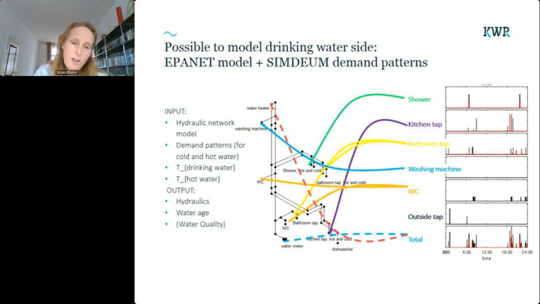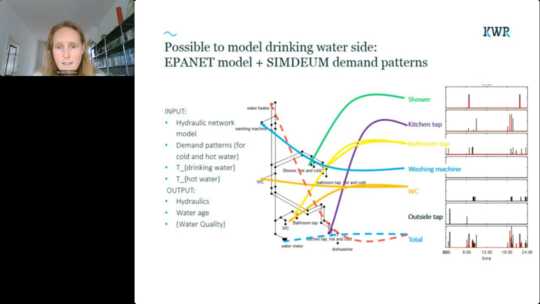That's where the water would come in from the drinking water utilities, and it goes up to a toilet and the kitchen, to the first floor where there's another bathroom, another floor up where there is the washing machine, and in the Netherlands, typically the hot water boiler is in the attic, and then pipes going down again to serve the hot water to kitchen tap and shower and so on. And then each tap gets its own unique demand pattern.